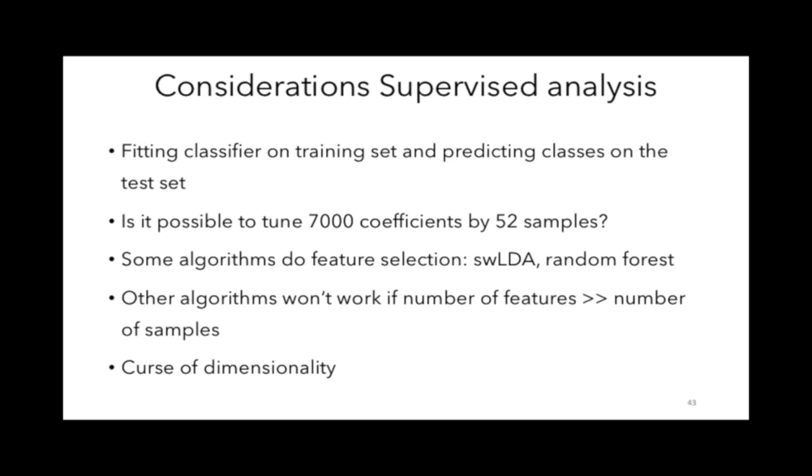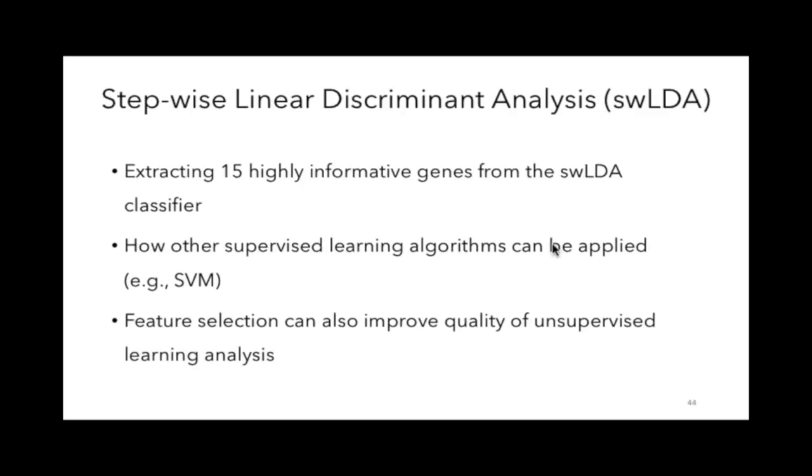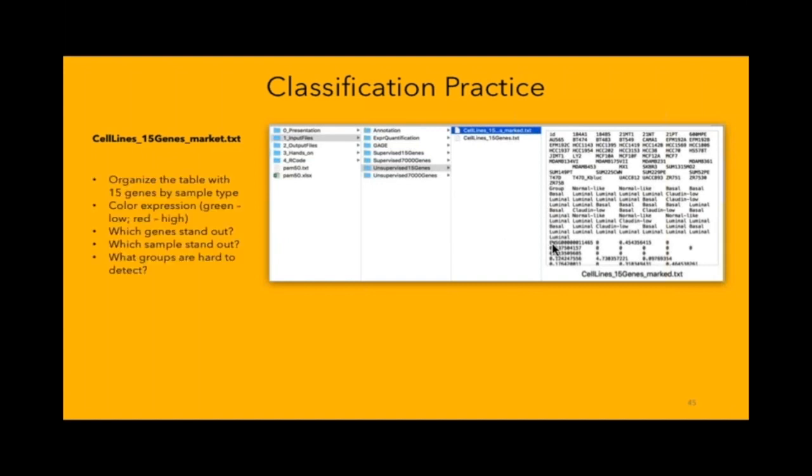So for applying them, we should select features first. And stepwise LDA or random forest classifier are our friends in this task. They perform feature selection. Okay, that's about it.